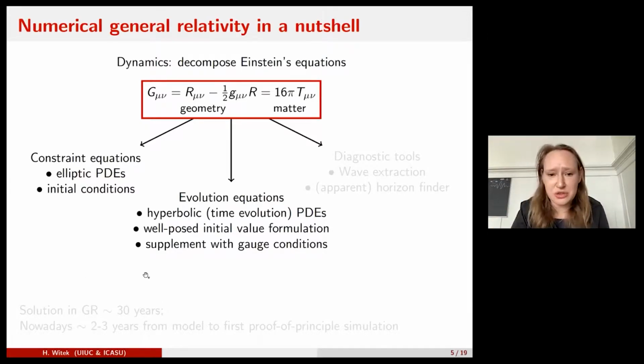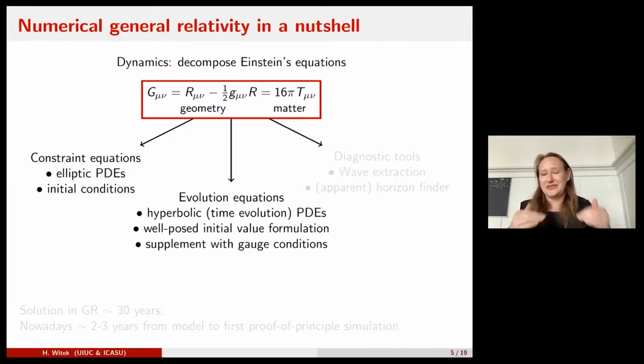One thing that is crucial, and that's why I typically like to list this here, is that this combined system of these time evolution partial differential equations plus these gauge conditions need to give us a mathematically well-posed initial value formulation, because that's a necessary condition for numerical stability.